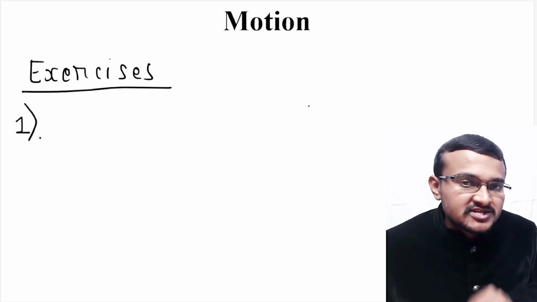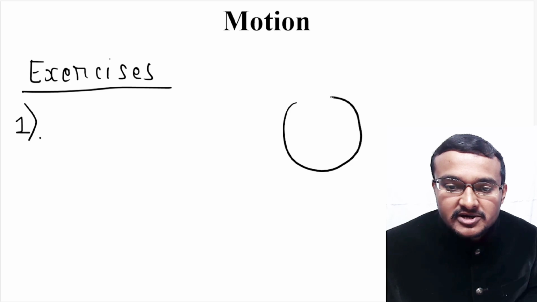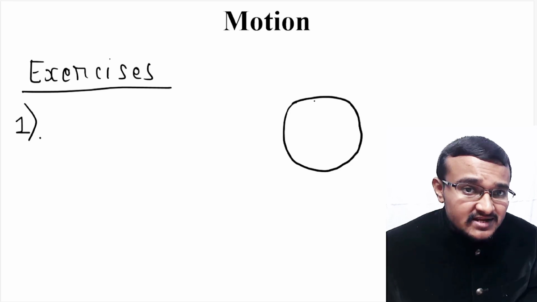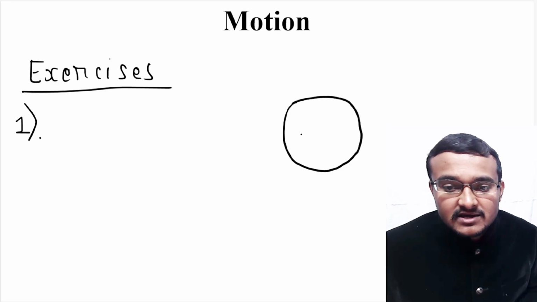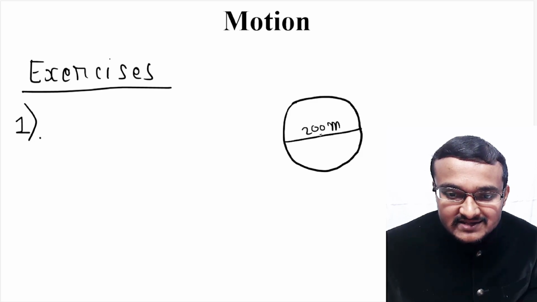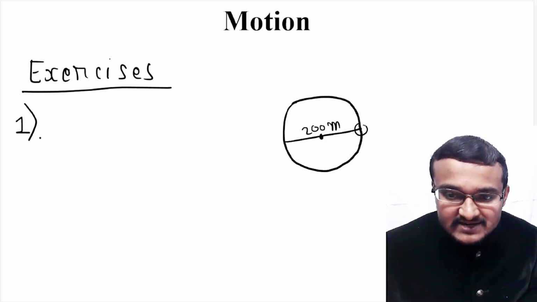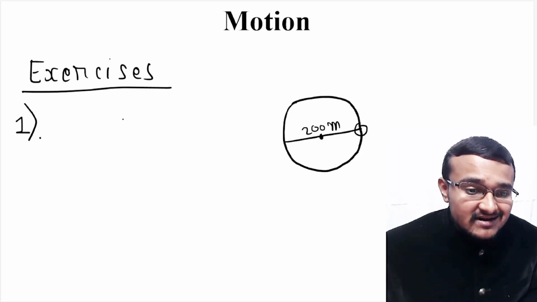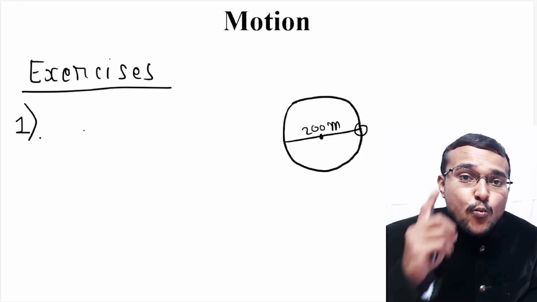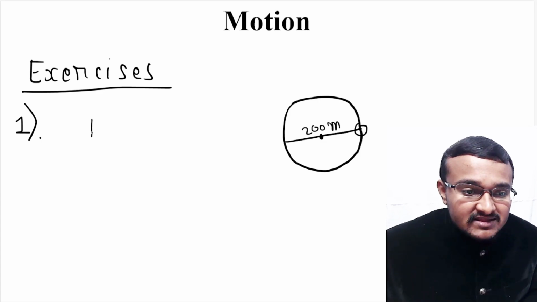Coming to the first question in this exercise, there is an athlete running on a running track. This track is a circular path which has diameter 200 meter. Let's say this is the diameter of the circle and this is the center. The athlete starts from this position and makes one complete round of the circular path in 40 seconds.